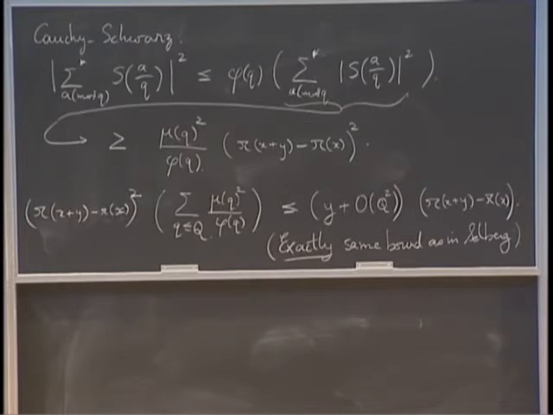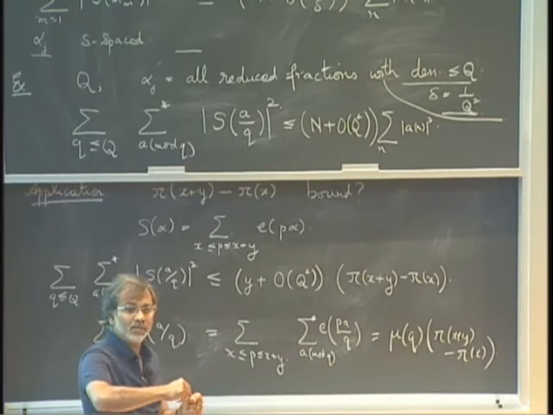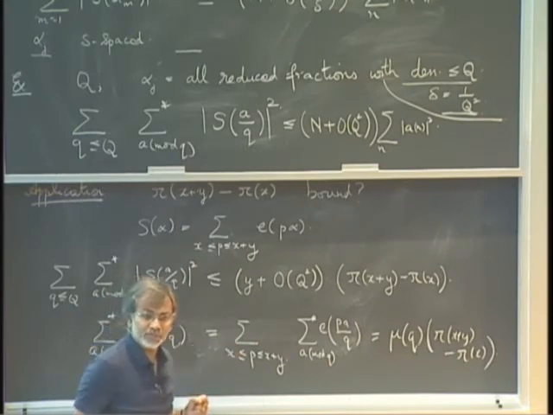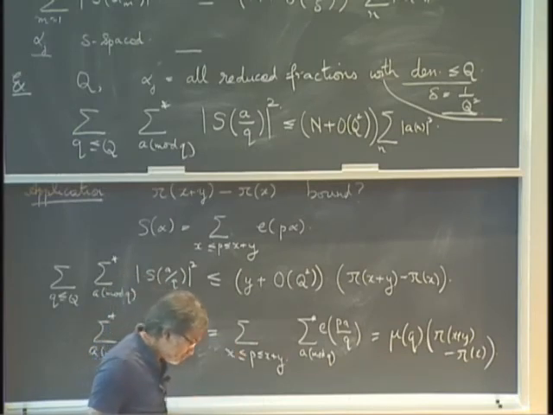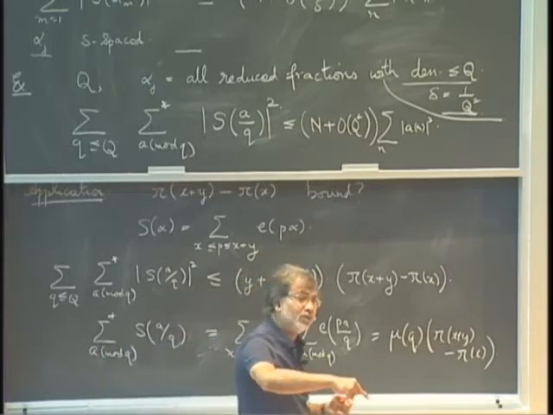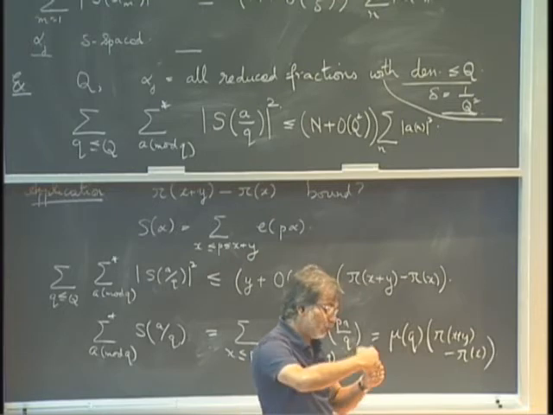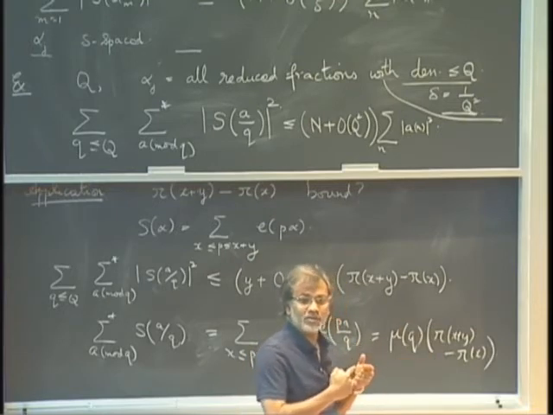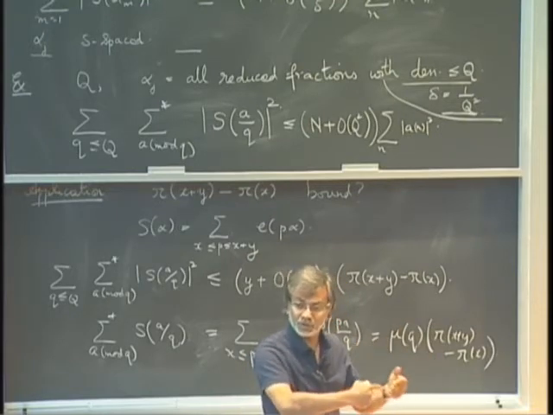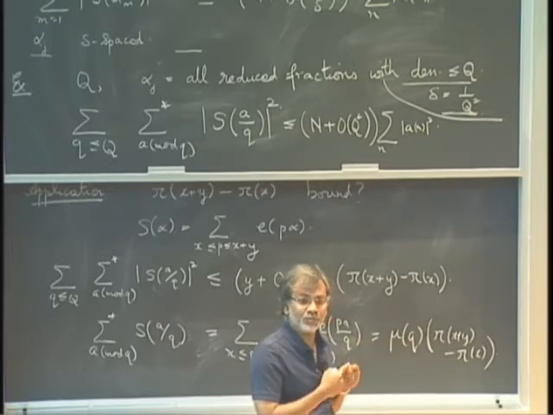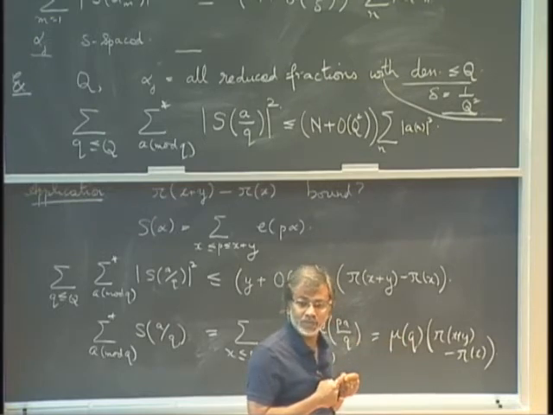But what is the exponential sum doing? It's the value at a over q, so it's taking all your numbers, weighting them with different roots of unity. So if you have a sequence which is equally distributed in every arithmetic progression, then you would get all the roots of unity adding up to 0, because if you sum over a complete set of roots of unity, you get 0, right?